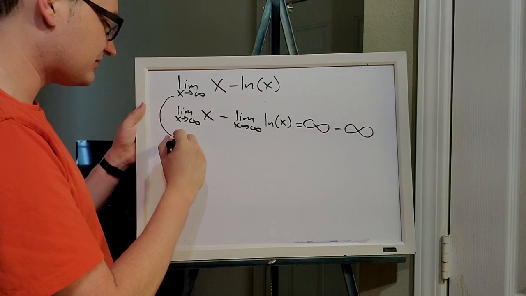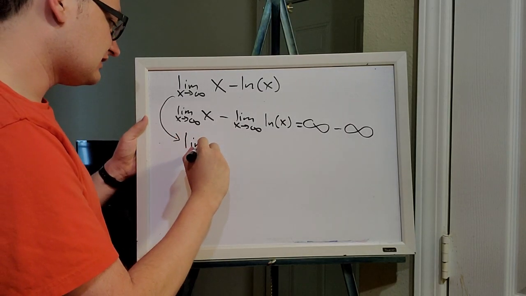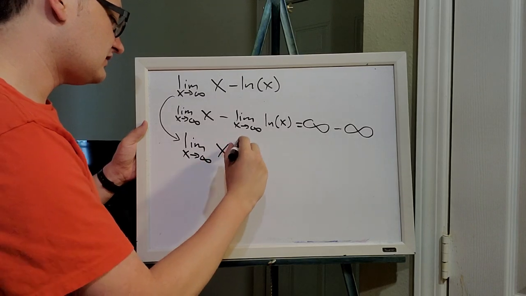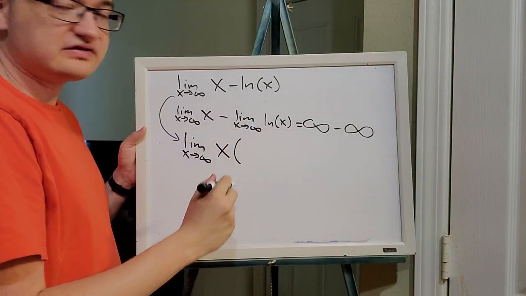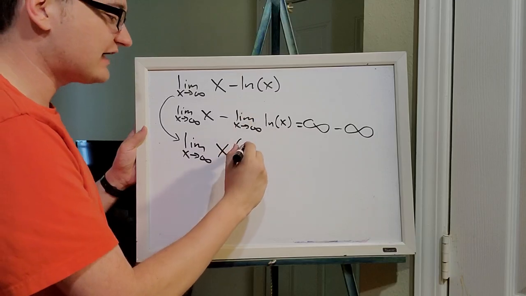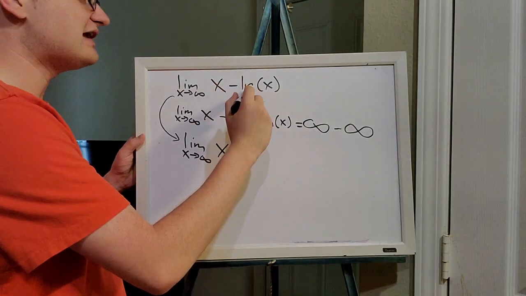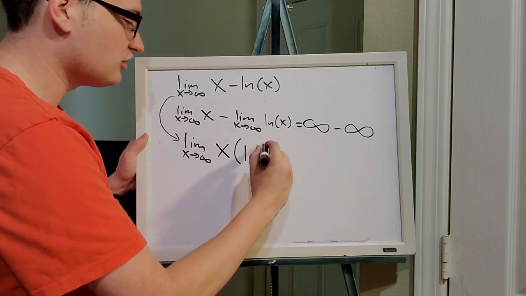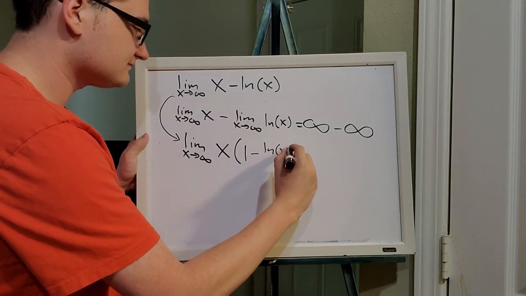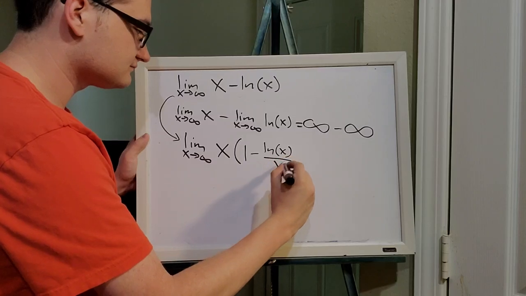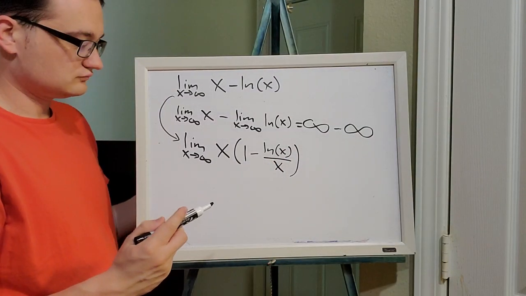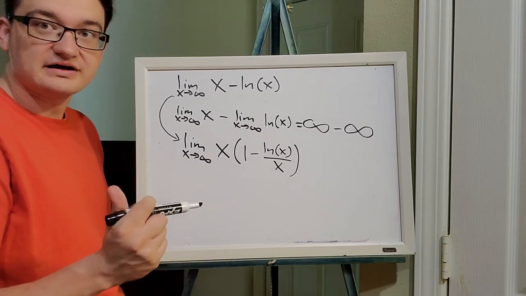So let me show you what I mean by that. Let's factor out x. If we factor an x out of both of these terms, we factor an x out of x, that's 1. We factor an x out of the natural log of x. Like that. Okay. Where's this going?